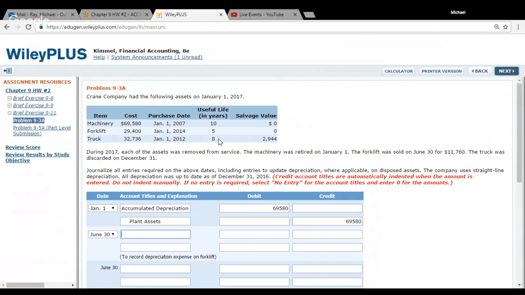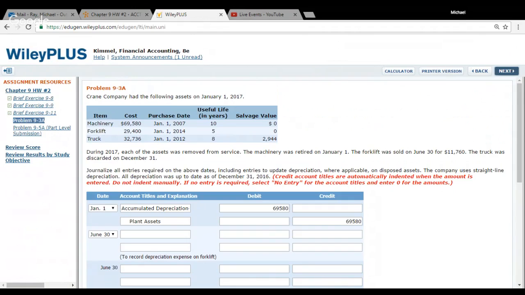To calculate depreciation, we're going to take $29,400 and divide it by 5, and that'll give us 5,880.